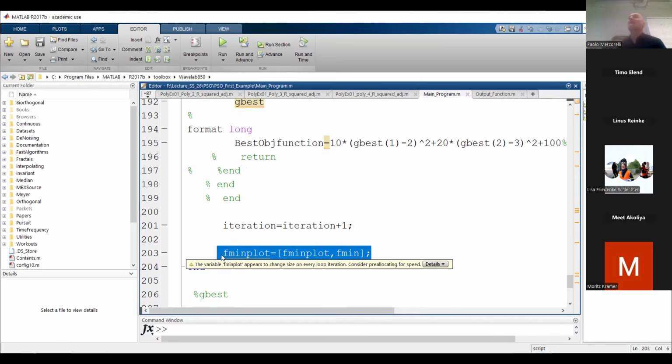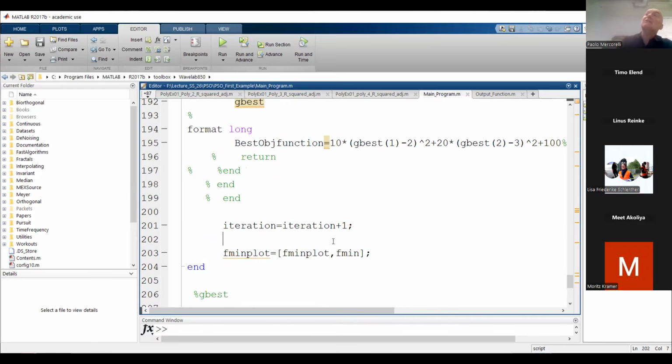Remember, this f-min plot, which we will see for the plot, is the vector in which I accumulate each time the element of f-min plot. We can see on the left we have f-min plot, on the right f-min plot, but I will add the last minimum which I'm finding. I will clarify with the plot what this vector is.